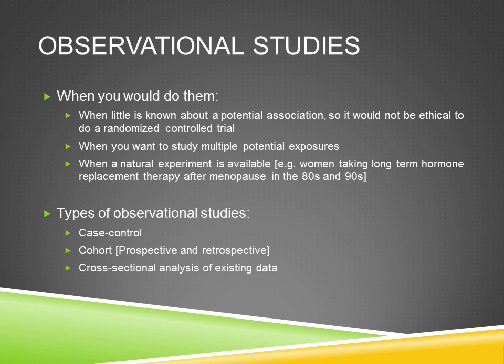For example, if you're interested in the effect of various risk factors on a disease about which not much is known, it wouldn't really be fair to pick one of those risk factors out of thin air and say, okay, these people are going to take vitamin D and these people aren't, because we don't really know enough about that to know that it's safe to assign both of those groups to take it or not take it, and also we don't have any clue whether it would make a difference. So usually you do observational studies first to get a sense about what associations are important. And when you have a little bit more information, you can do a randomized controlled trial. We'll talk more about research ethics later in this course.